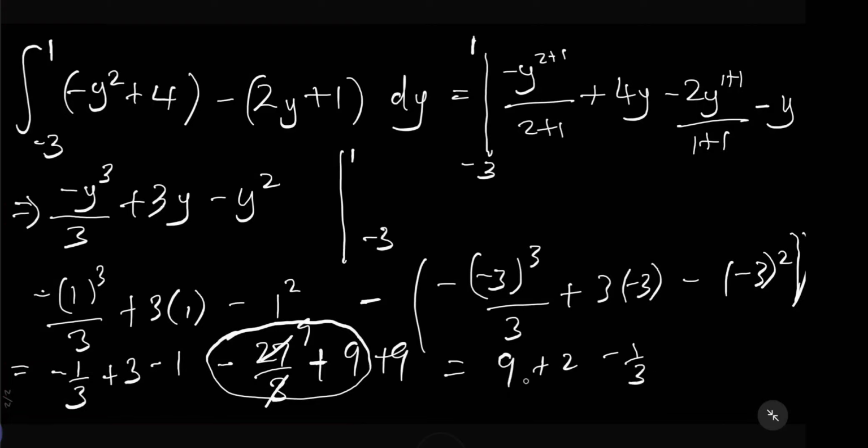So that's 9 plus 2, that's 11. 11 minus 1 over 3, that's 10 whole number 2 over 3, which is the same thing as 32 over 3. So the area of the region enclosed by the curves would be 32 over 3. So this is our answer, 32 over 3, or 10 whole number 2 over 3.